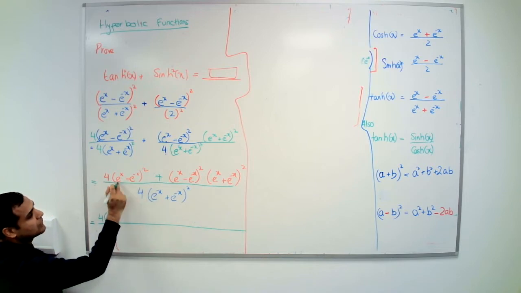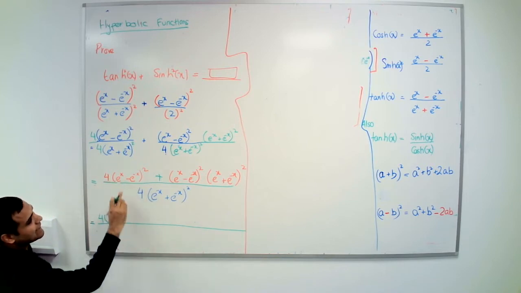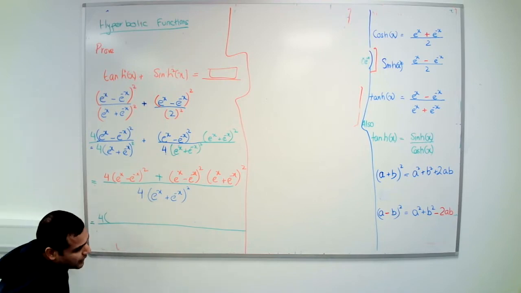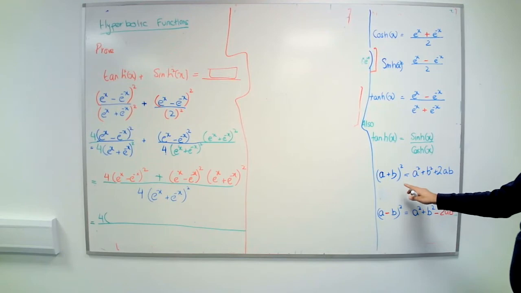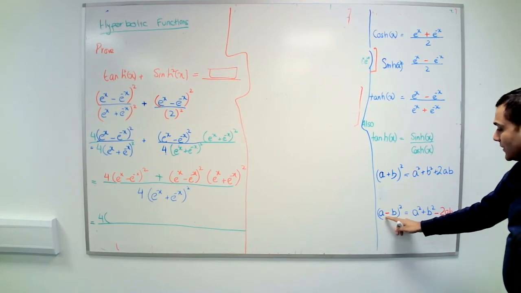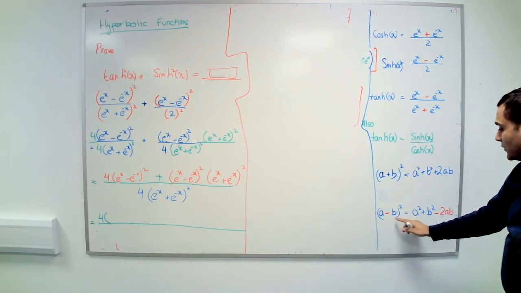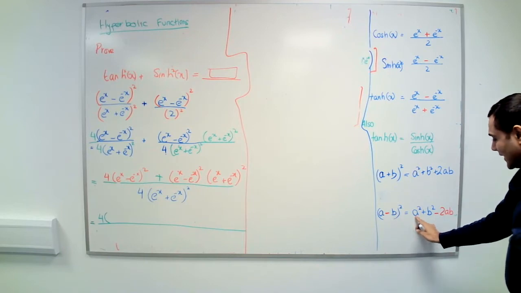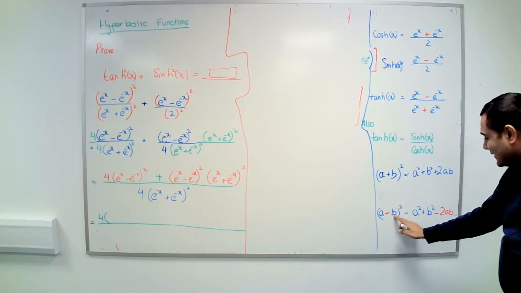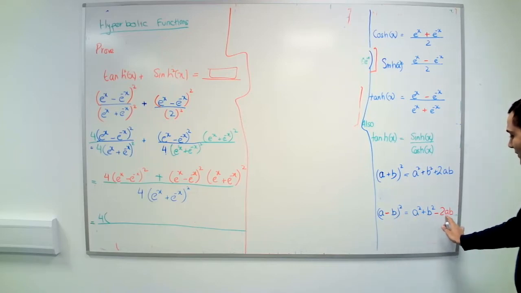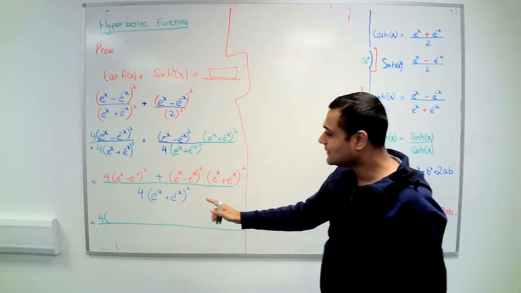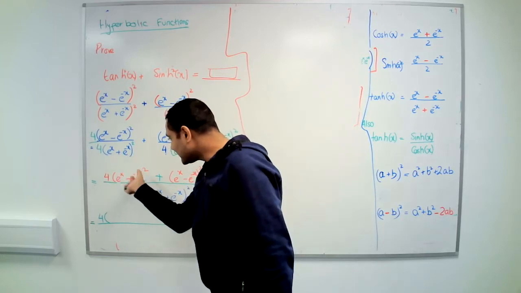This one is (e to the x minus e to the minus x) squared. For those who were not in the first session, this is that formula: (a minus b) squared is a squared plus b squared minus 2ab. You square the first thing, plus the second thing squared, and if there is a minus you put minus, minus 2 times ab. In this case the first thing is a and the second thing is b.